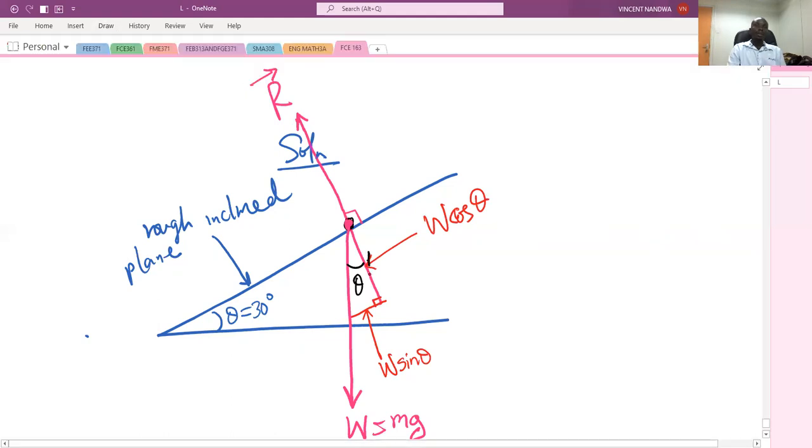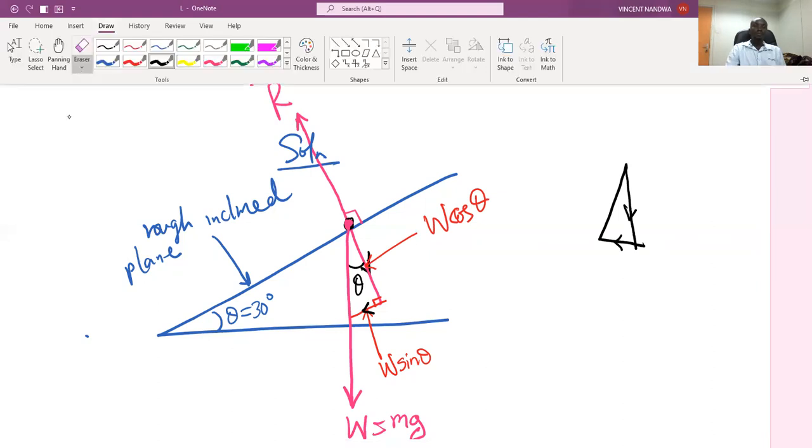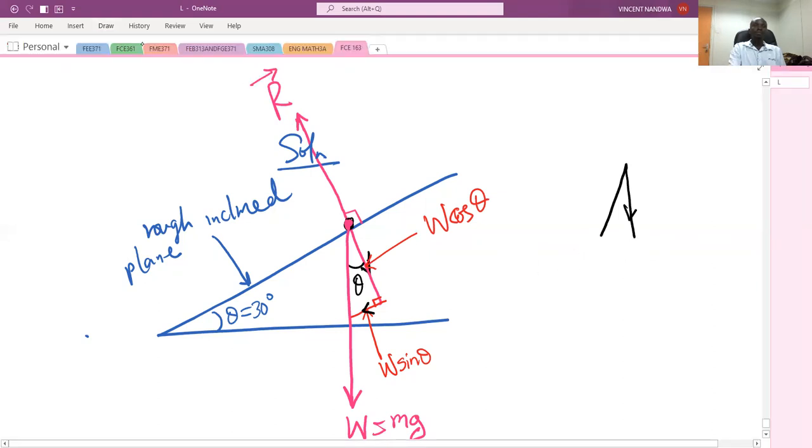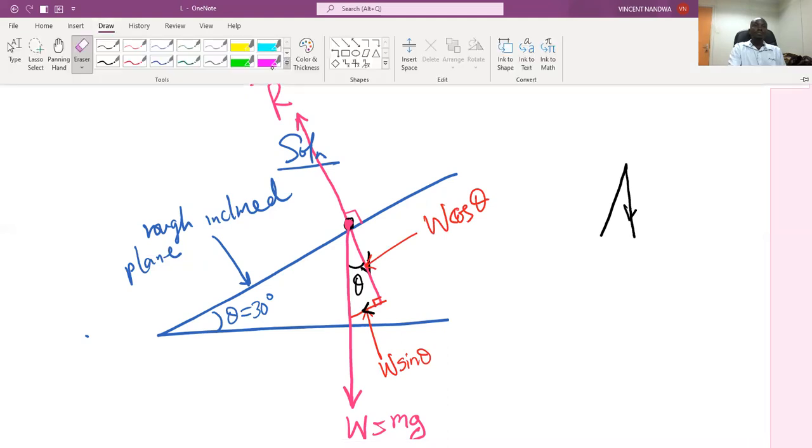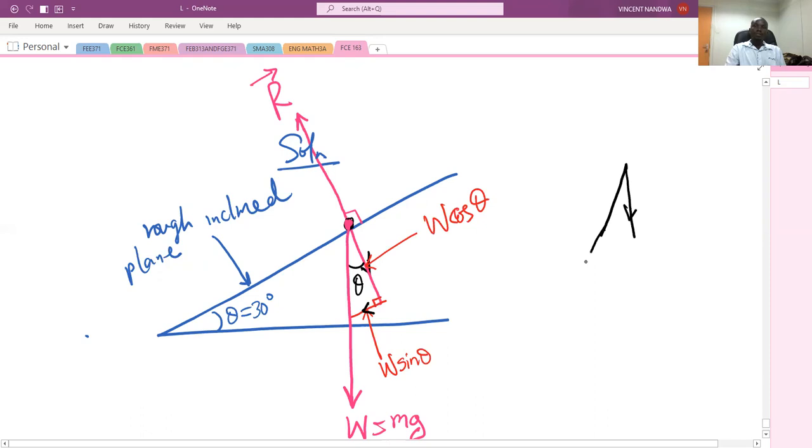So this is the weight W, and this is what you're calling W sine theta.